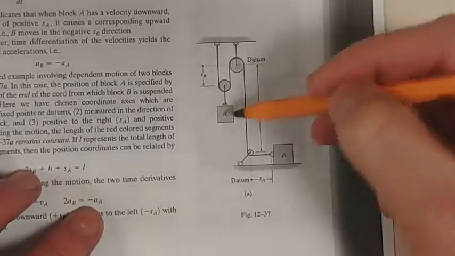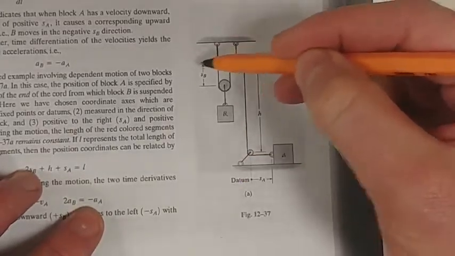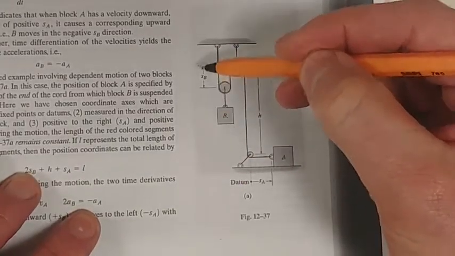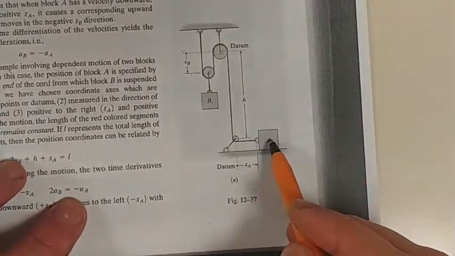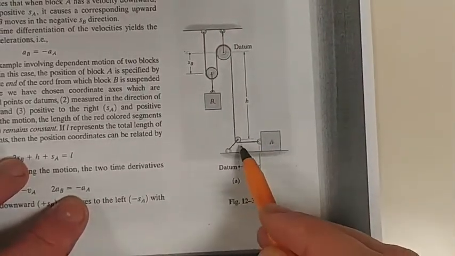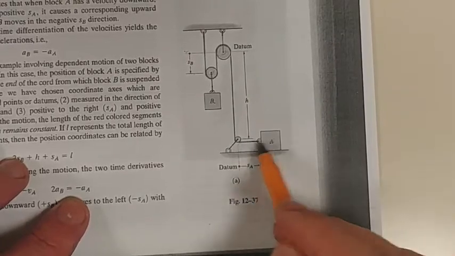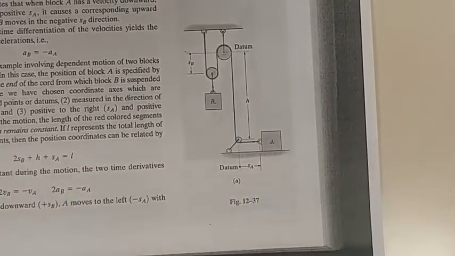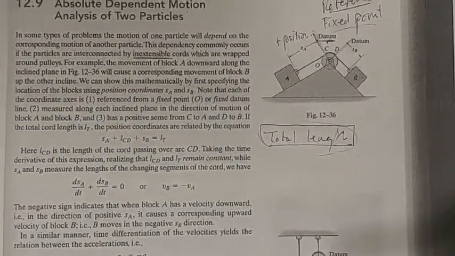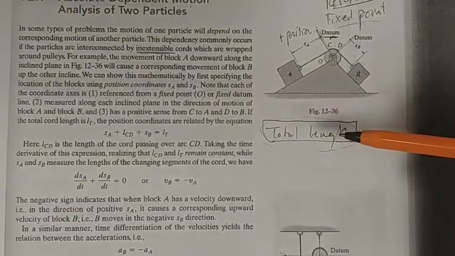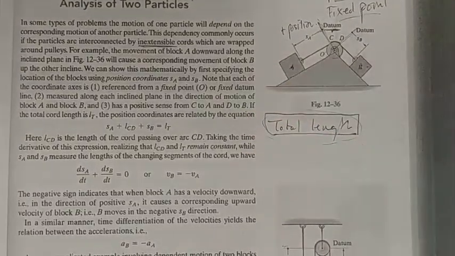Similarly here, this block is moving up and down, so we have the positive direction going along this direction. And this block is moving horizontally, so our position A will be along the horizontal direction. Let me finish this off here.